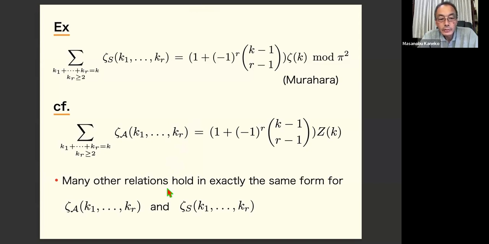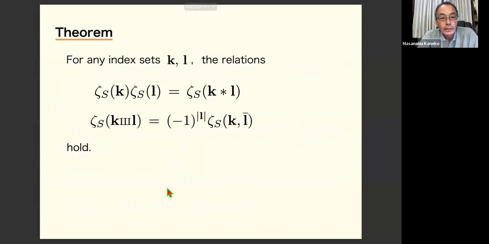And there are many other relations holding in exactly the same form for zeta A and zeta S. And finally, we have an S version of the double shuffle relations as well. So this has strong support for our conjecture.